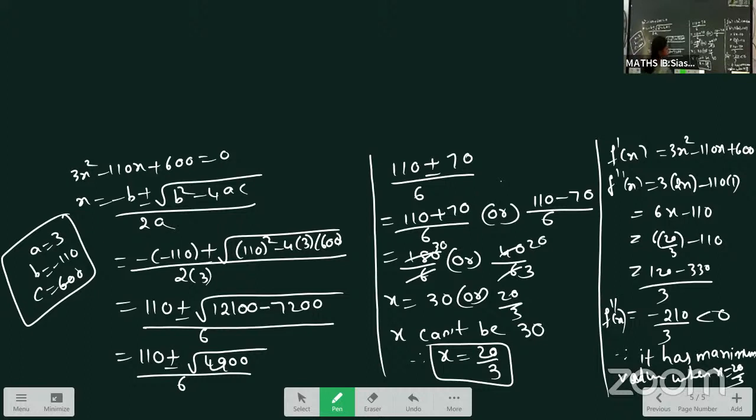Yes, one more question. Find the maximum area.